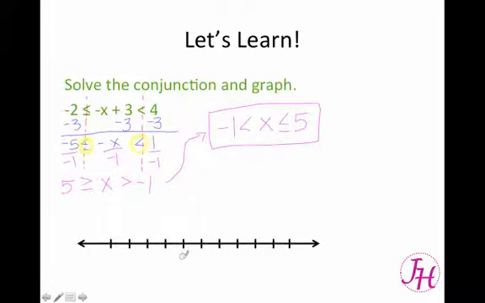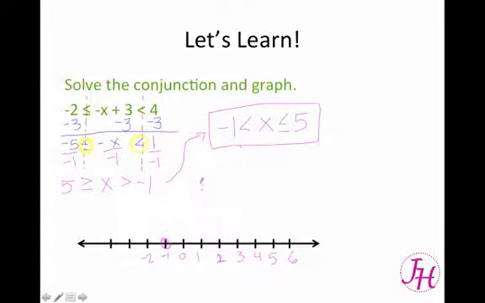So I'm going to label this as 0, -1, -2, 1, 2, 3, 4, 5, 6. Sorry, my pen doesn't work very well. All right, so -1 is less than x. There is no equal to line here for the less than, so we're just going to draw a circle, but we're not going to close it in.